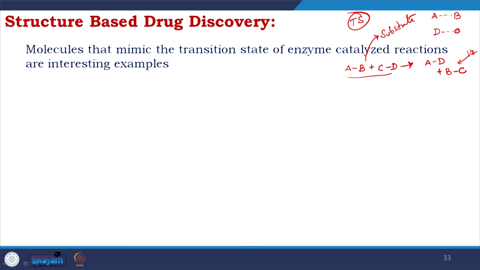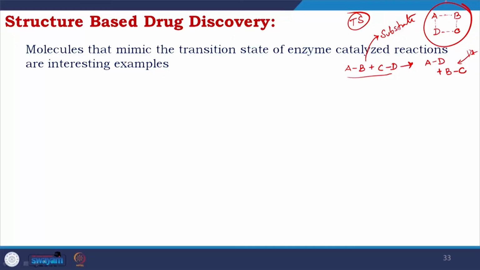At the same time, a bond between A and D is going to form, and a bond between B and C is going to form. This situation, which exists theoretically but does not exist practically, is called the transition state.